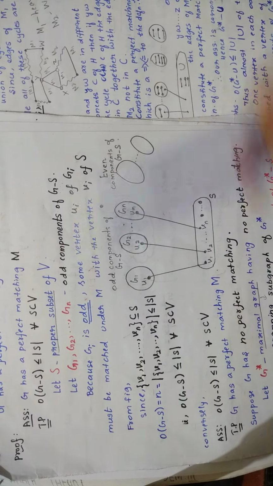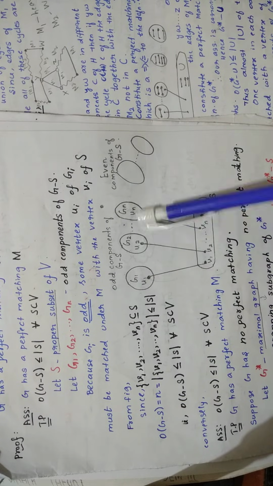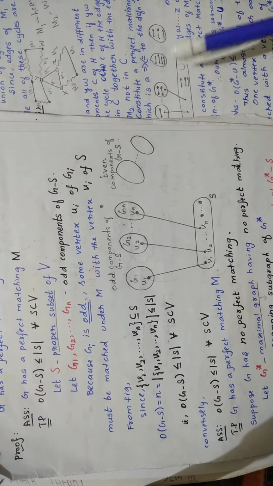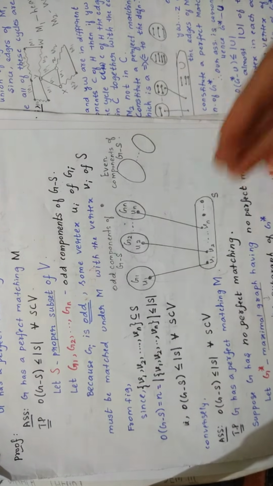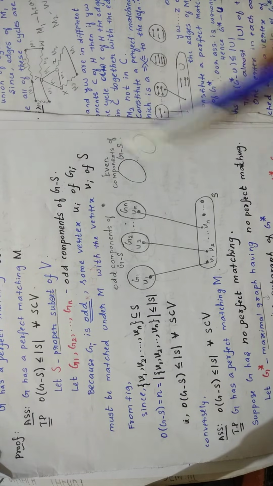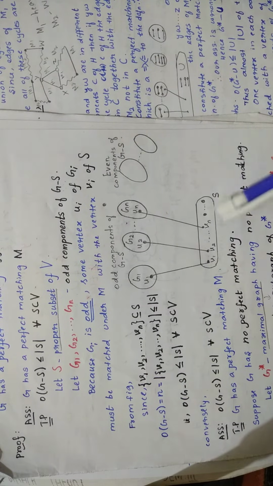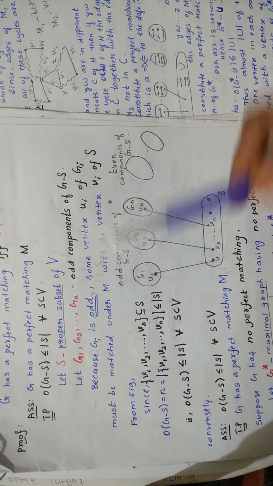In general they write that Ui must be matched under M. These vertices are alone, without any matches, so they will be matched under M. With whom will they be matched? They will be matched with a vertex Vi of S, some vertex present in S.